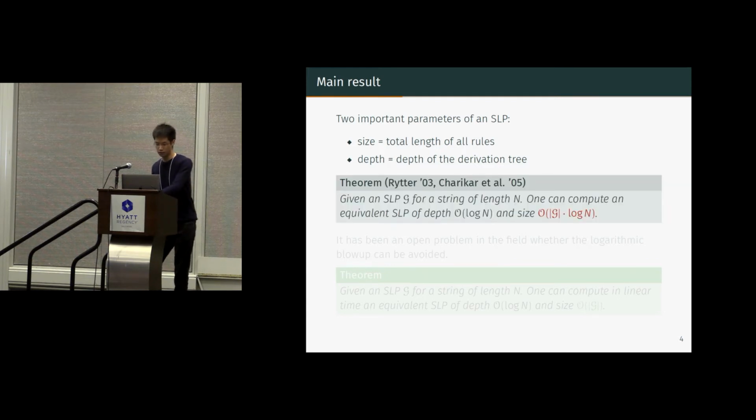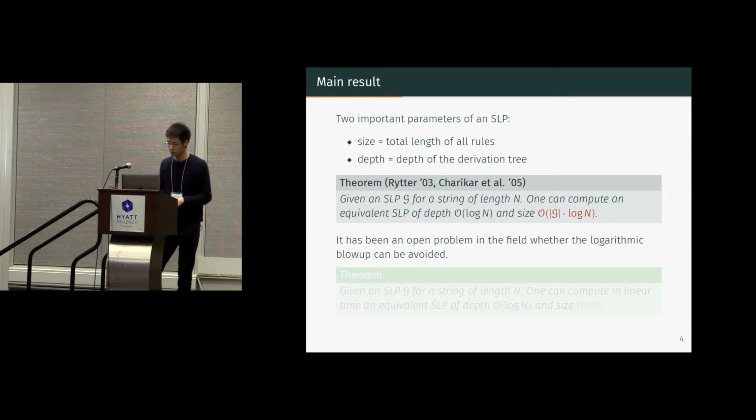There's a result by Rytter and also by Charikar that says: given an SLP G for a string of length N, and I will always denote the string length by capital N to remember that this can be exponentially long in the grammar size, you can compute an equivalent SLP of logarithmic depth, and the size is bigger by a factor of log N. So this is logarithmic in the string length N.